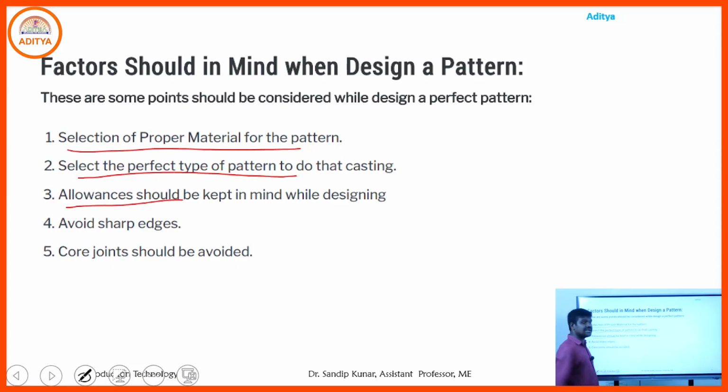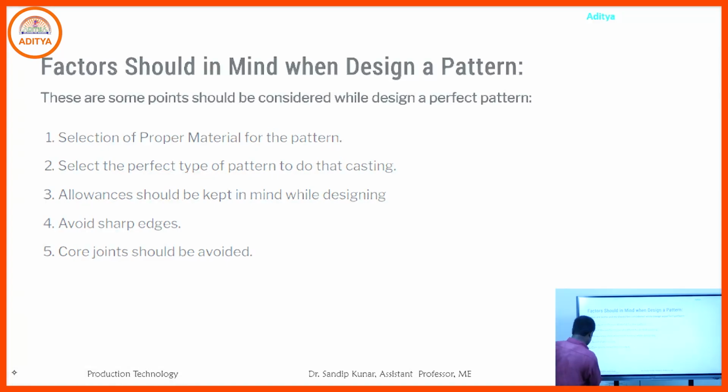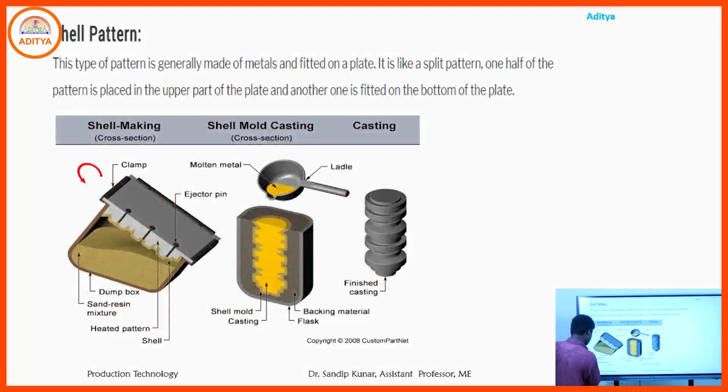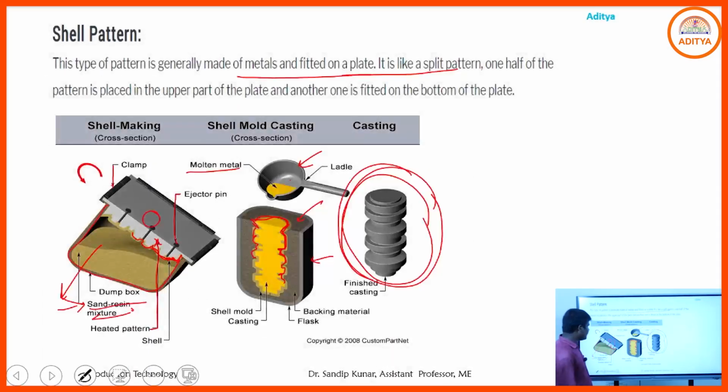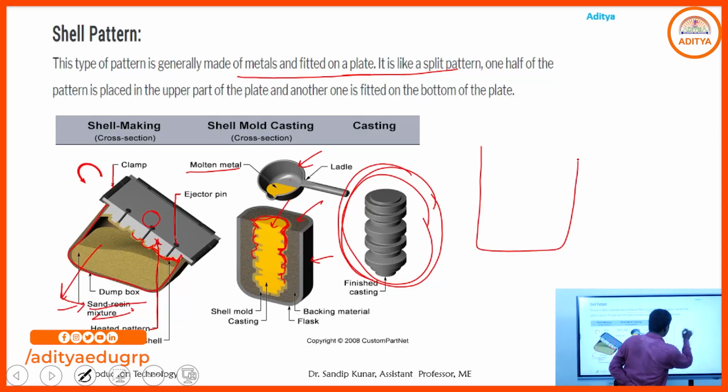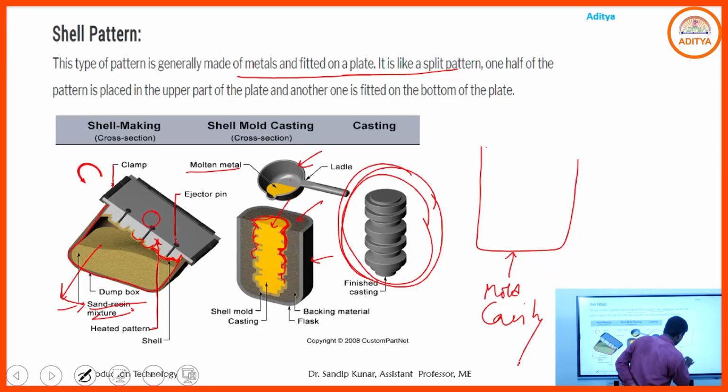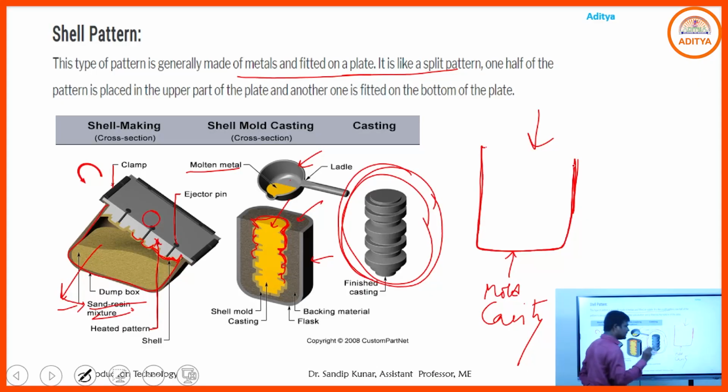Third, allowances should be kept in mind while designing. As an example, take a pattern that produces a mold cavity. We pour the molten metal into that cavity, and it takes the whole shape of the pattern.